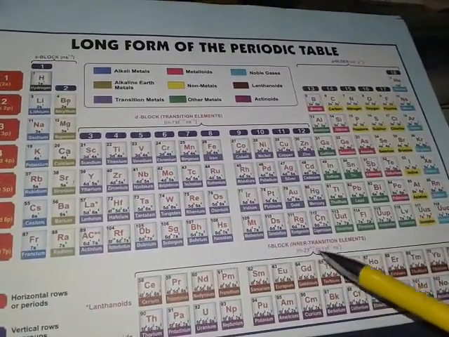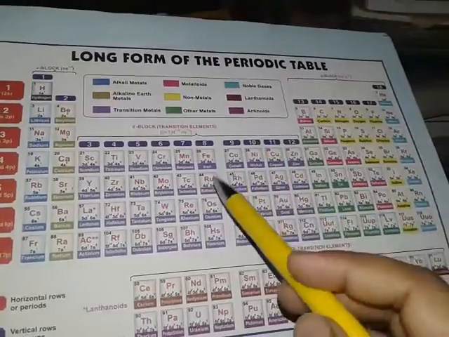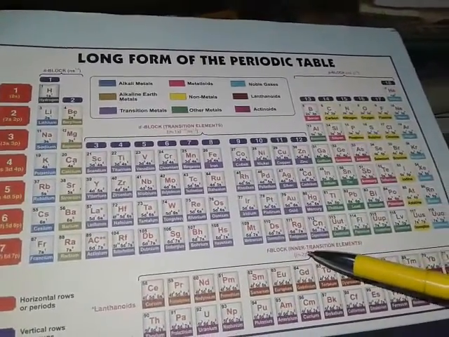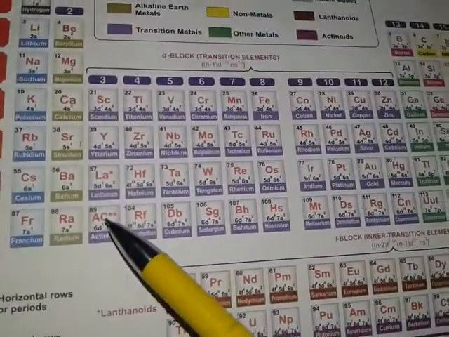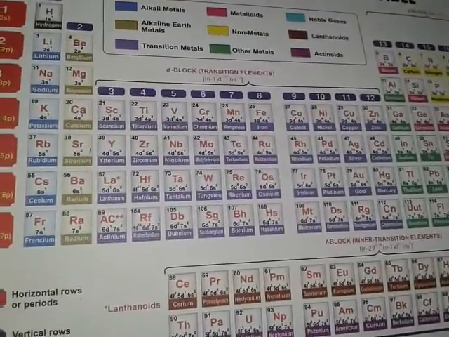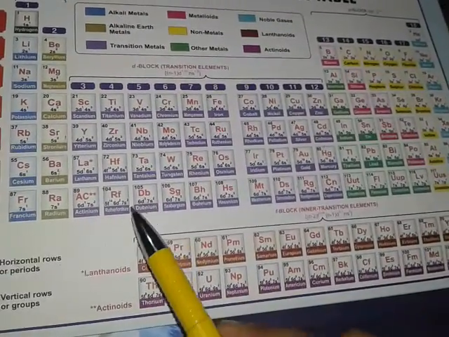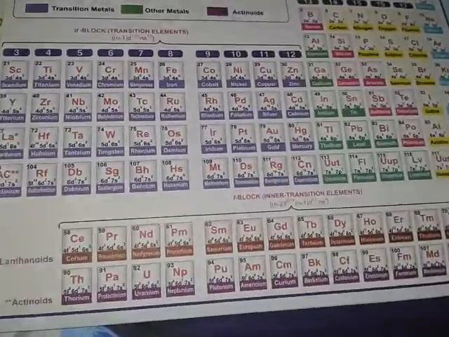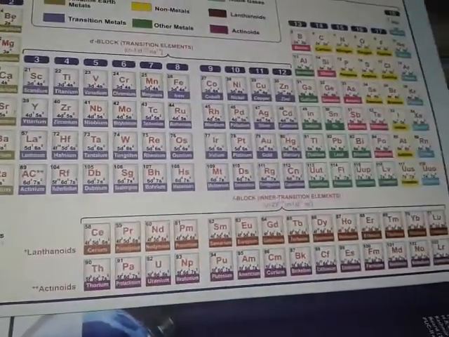So they are given a separate column, separate from the transition elements, so they are also known as inner transition elements. Similarly here we have actinium, whose atomic number is 89. After 89 comes 90, so from 90 onwards to 103, these elements are placed separately.